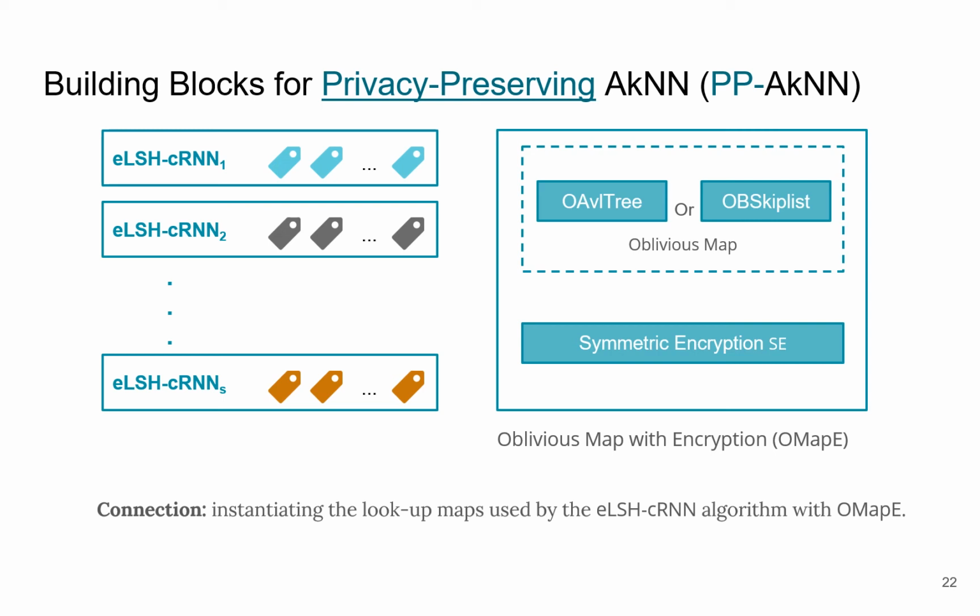Note that the existing secure definition for oblivious map is not sufficient, as it only provides obliviousness, namely hiding the access pattern. But it does not provide data privacy in the presence of adaptive adversaries. Therefore, we propose a secure definition for Omap-E addressing those security properties.